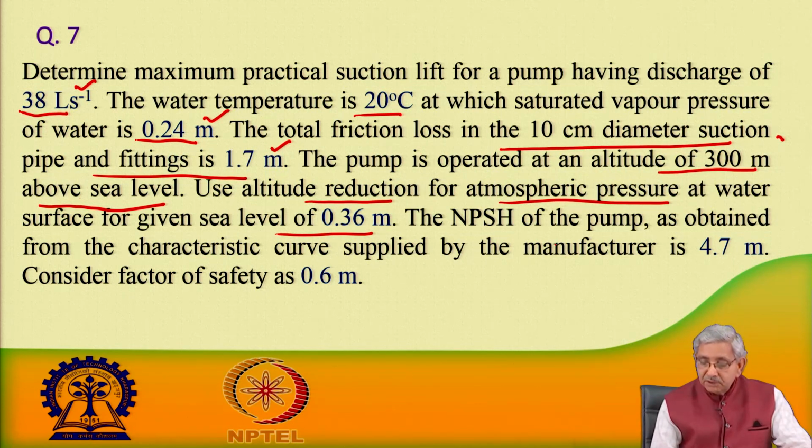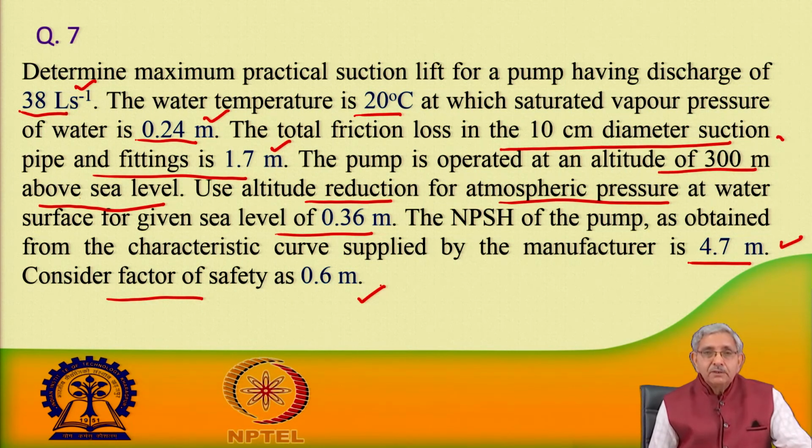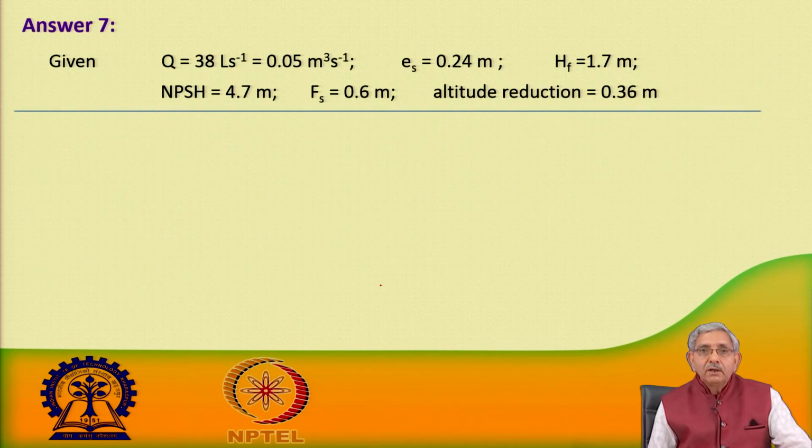The net positive suction head of the pump, which is normally supplied by the manufacturer, is 4.7 meter, and the factor of safety is given as 0.6 meter. So, these are the data available to us. We are required to find the maximum practical suction lift.